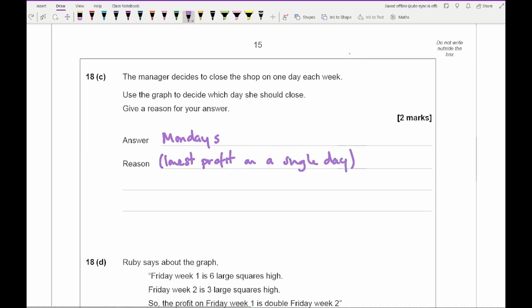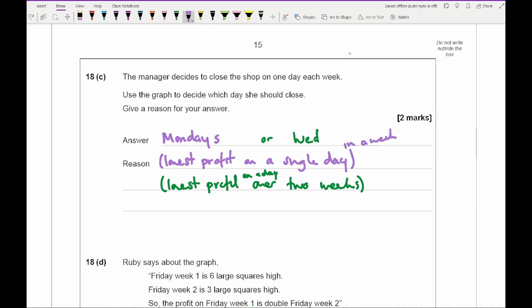Or you could say Wednesday, and the reason for that is because it's the lowest profit over 2 weeks. In terms of the lowest profit on a day in a week. So any of those answers, definitely don't give both, just give one or the other and you should be absolutely fine.